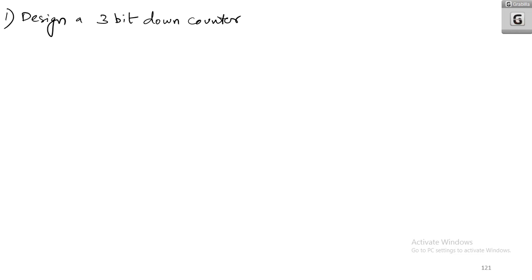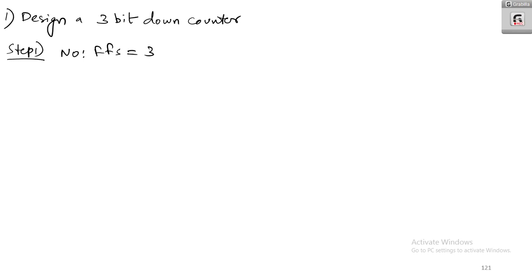So here bit number is given. One flip-flop can store 1 bit of data. Therefore, what is the first step? First step is number of flip-flops required. That is equal to 3.